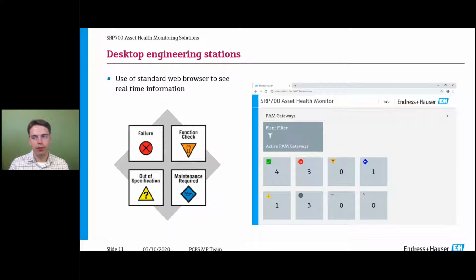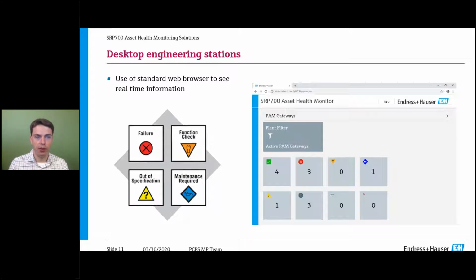There are a lot of messages coming from the field, and a couple of years back the industry figured out it's not too little information, it's actually too much. So what's really important, what's not so important, what's more maintenance related, what's more process related? They came up with that categorization. In a nutshell, there are 4 different statuses besides good. All good is usually a green symbol, but there are 4 more, the first being failure. This is the most critical one.